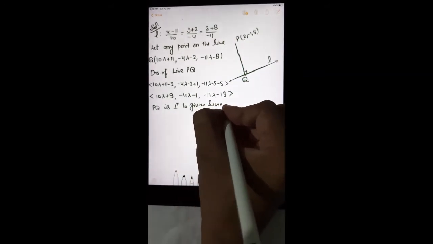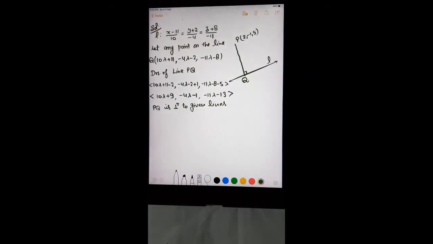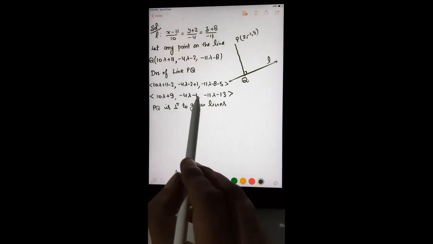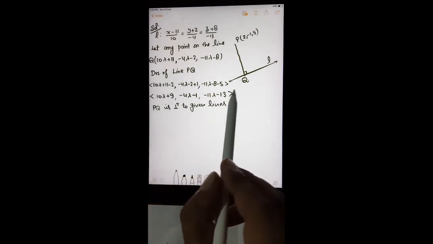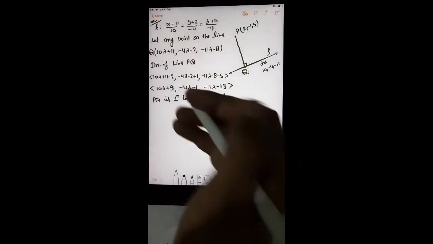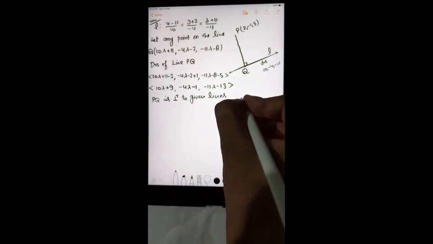So we can use the condition of perpendicularity, that A1 into A2 plus B1 into B2 plus C1 into C2 is equal to 0, because we have the direction ratios of PQ, which are 10 lambda plus 9, minus 4 lambda minus 1, minus 11 lambda minus 13, and the direction ratios of the given line are 10, minus 4 and minus 11.